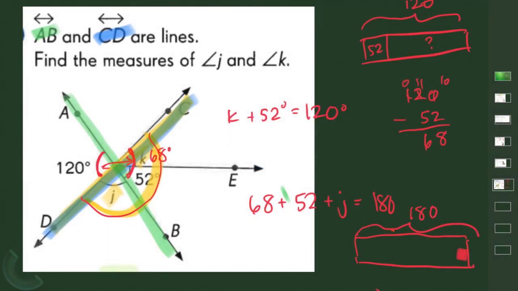Because it's on a straight line. The two parts we know, one part of that angle is 68 degrees, another part is 52 degrees, and the other part is unknown. So my plan for solving this would be to add the two known measurements together and then subtract that from the total amount. So 68 plus 52, 120. So that missing angle J must be 120 degrees.